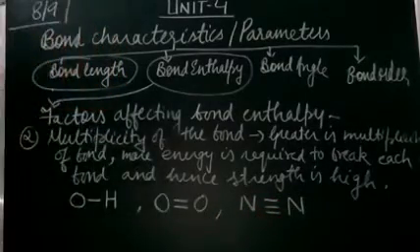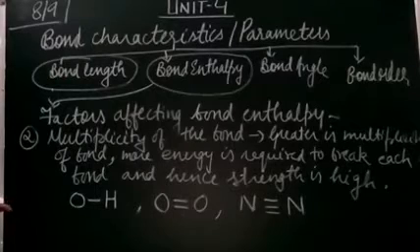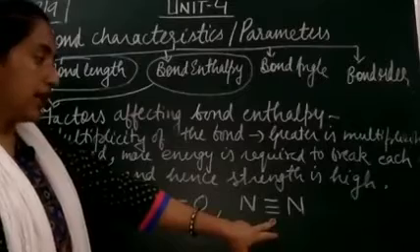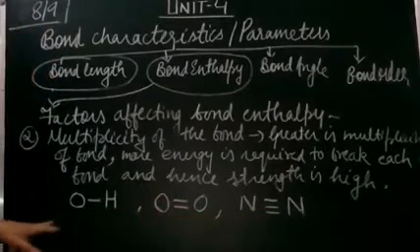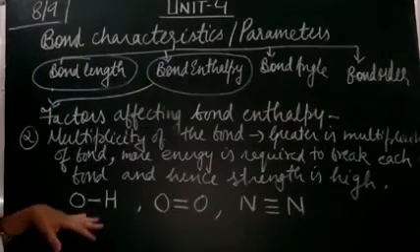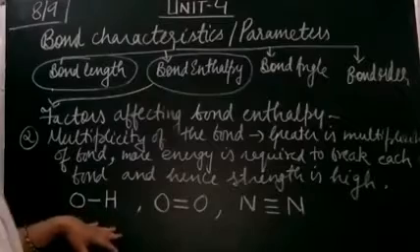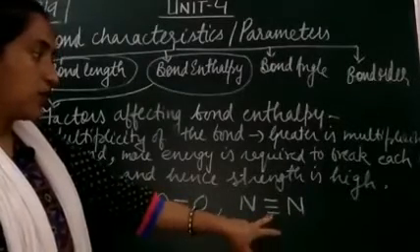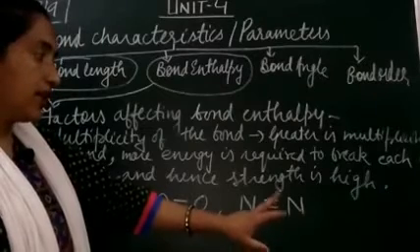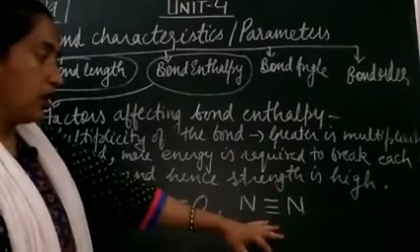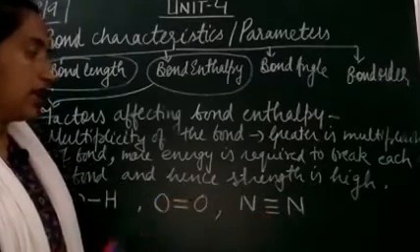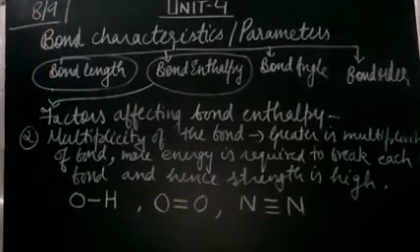So you can easily predict that where the multiplicity of bond is high, here it is 3, here it is 2, it is 1 here. And second, here the bond strength is going to be very high, right? So hence the bond enthalpy will be very high compared to the other molecule, right?